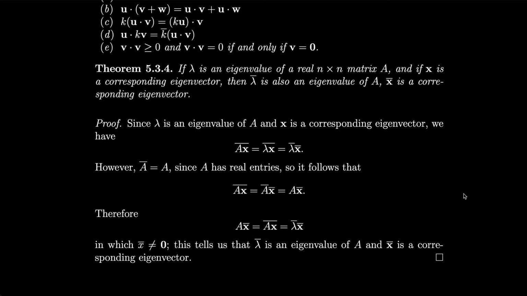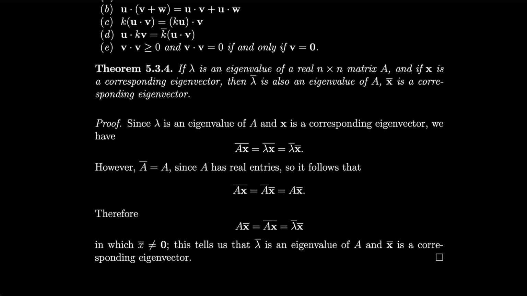Well, since lambda is an eigenvalue of A and x is a corresponding eigenvector, we have that Ax is lambda x, so that means that the conjugate of Ax is the conjugate of lambda x, which is the same as conjugating lambda and conjugating x separately.